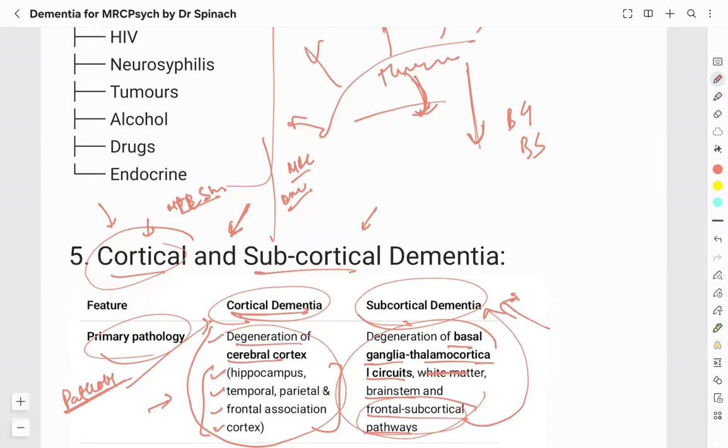Two of the main primary causes come under cortical, and two under subcortical, but I don't exactly remember. I think Alzheimer's, the deposits will be everywhere. Would Alzheimer's be cortical or subcortical? I'm not sure. So, Alzheimer's dementia would be cortical.